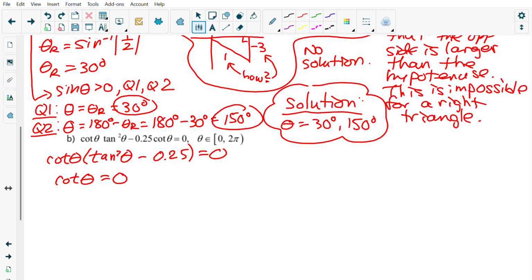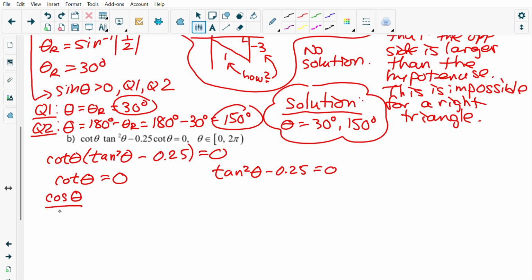Let's isolate each factor. Cotangent of theta equals 0, and tangent squared of theta minus 0.25 equals 0.